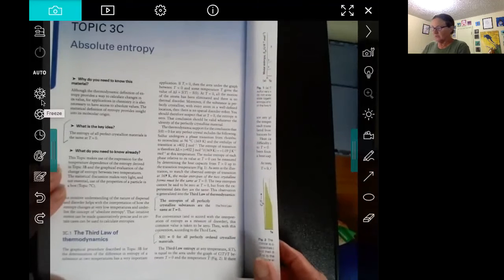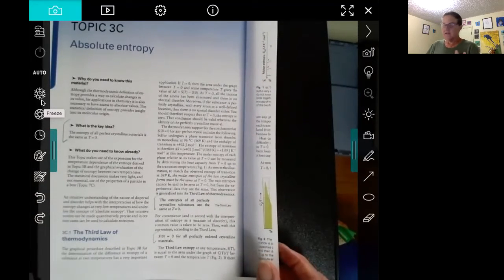So the third law entropy can then be measured and calculated relative to 0.